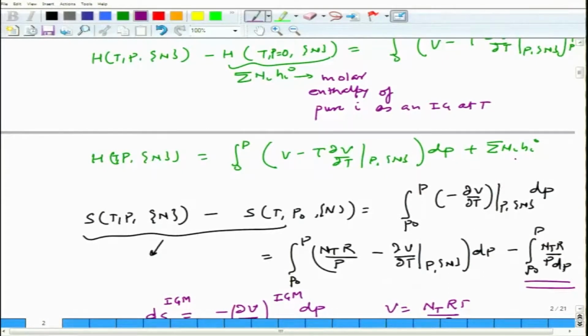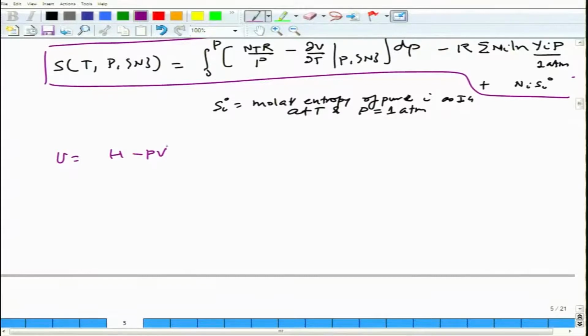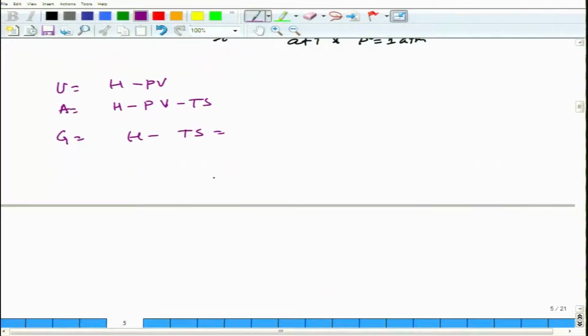Now, remember again, this is U equals H minus PV. Similarly, we can get A, which is H minus PV minus Ts, and then you have G, which is H minus Ts.